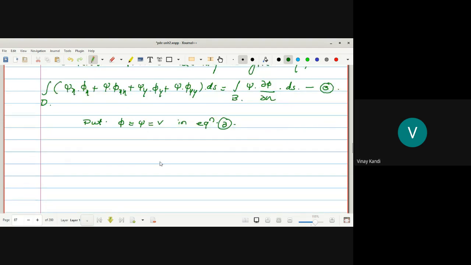Integration on the region D of Vx square plus V into V double x plus Vy square plus V into V double y, into ds, is equal to, on the boundary B, V into dou V by dou eta into ds. Okay, any doubt up to here?